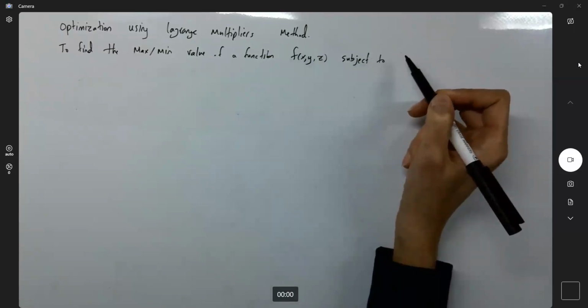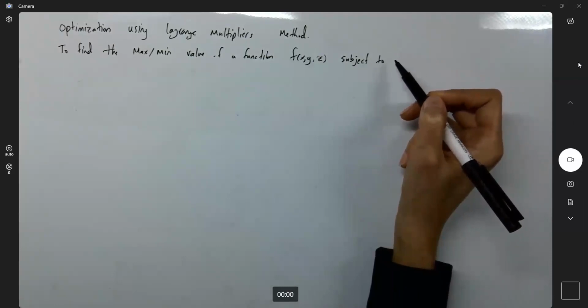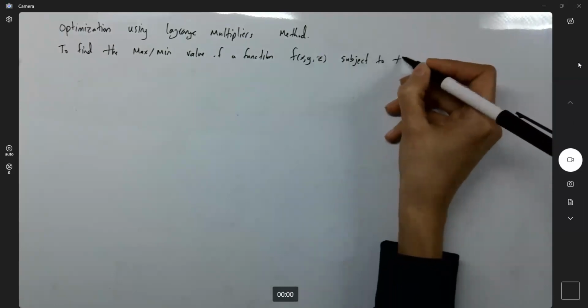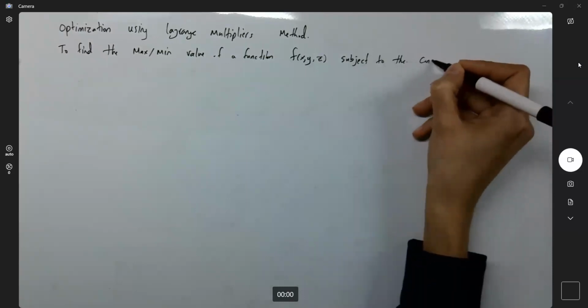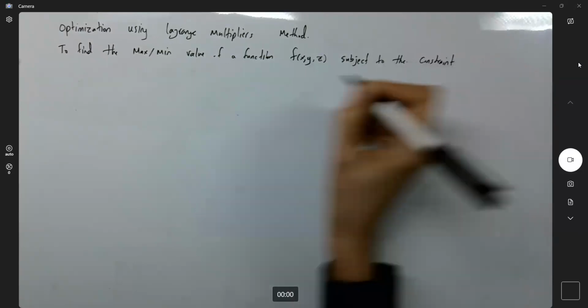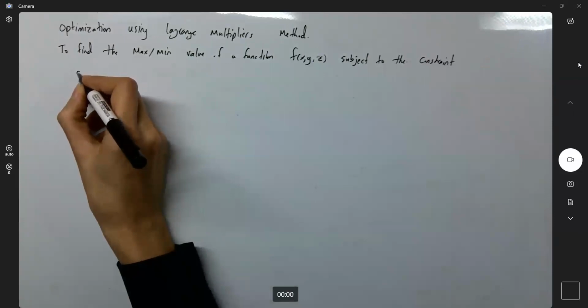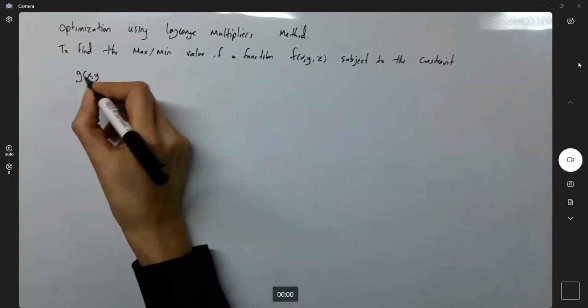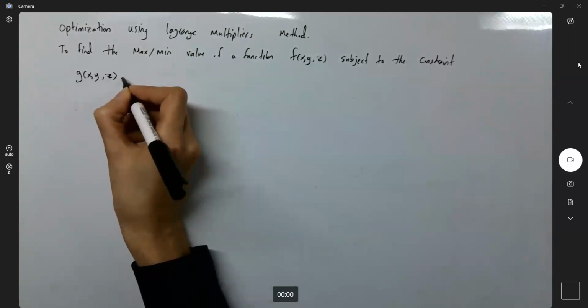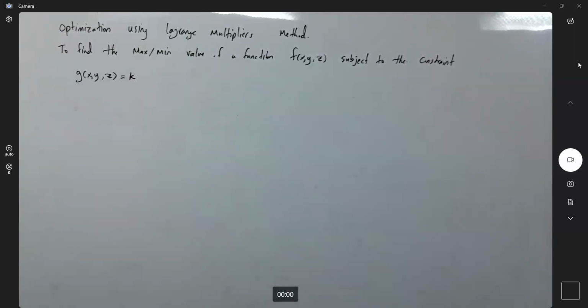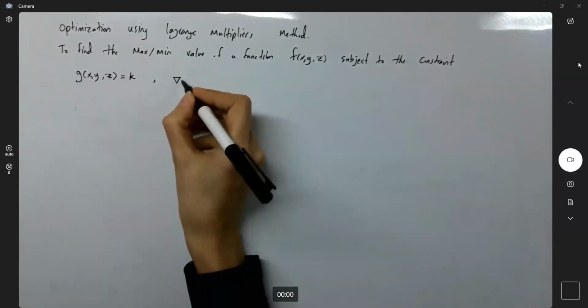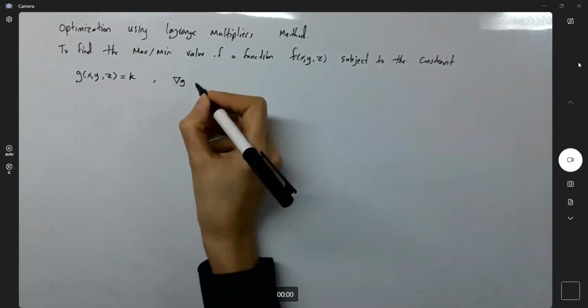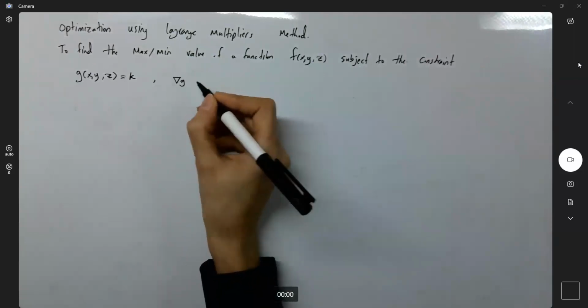It might be the finance that we have restriction on, or the materials that we have restrictions on, subject to the constraint. The constraint that we have is g of x, y, or g of x, y, z equals a constant like k. Suppose the gradient of g is not equal to 0.